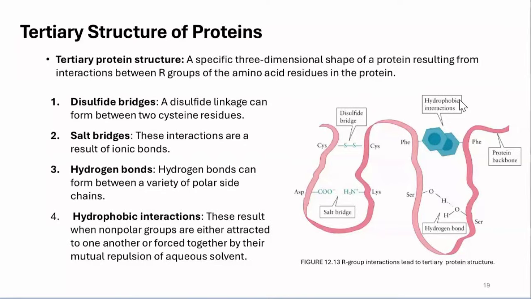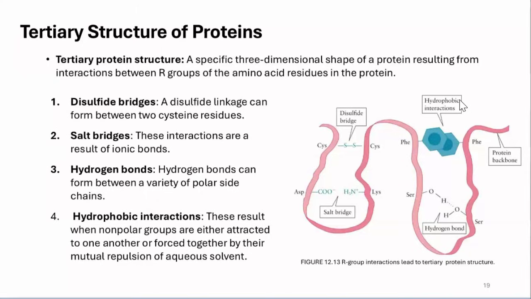What that means is that these are going to be nonpolar side chains in amino acids, and we can see the interaction of phenylalanine and phenylalanine. Since these side chains are nonpolar, they can interact with each other due to dispersion forces.